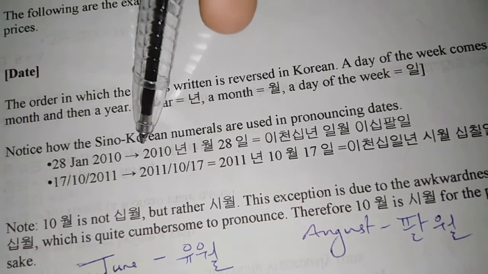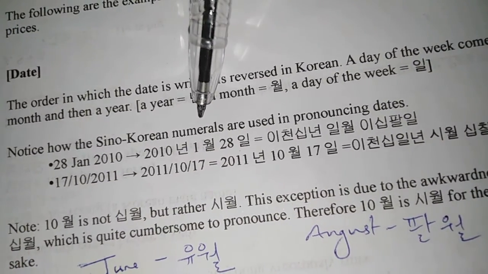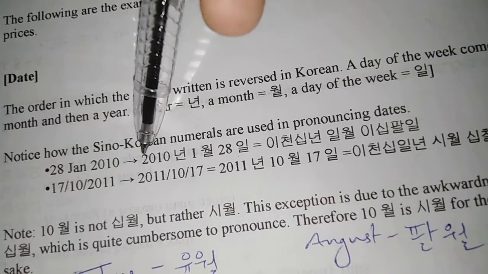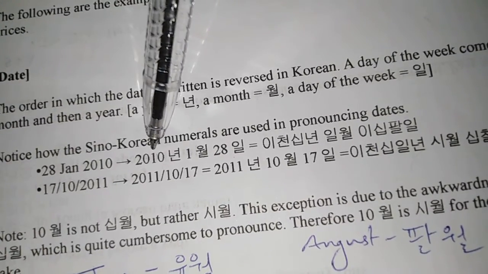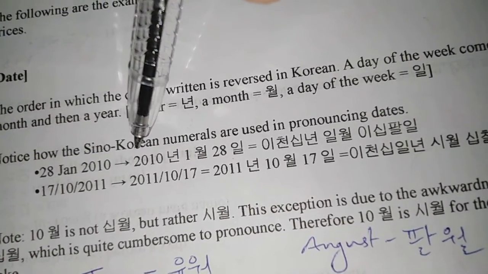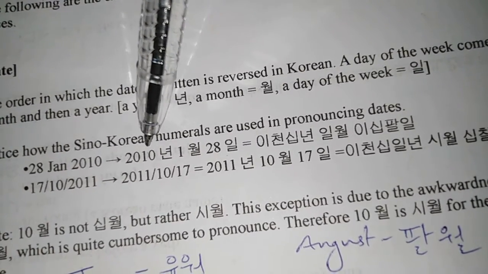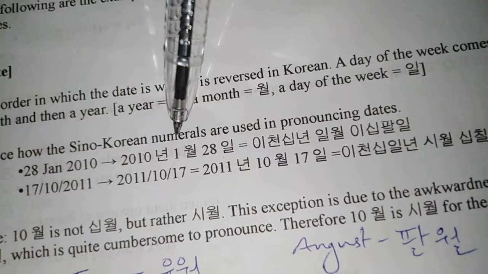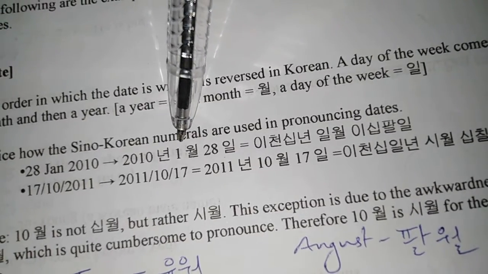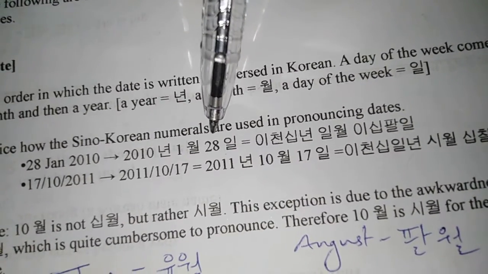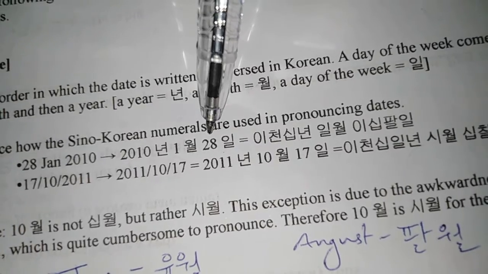So here, as I told you, starting with the year, it would be 2010년. You already know how to say the numbers. So the year is pronounced in Sino-Korean, the month in Sino-Korean, and the date in Sino-Korean.